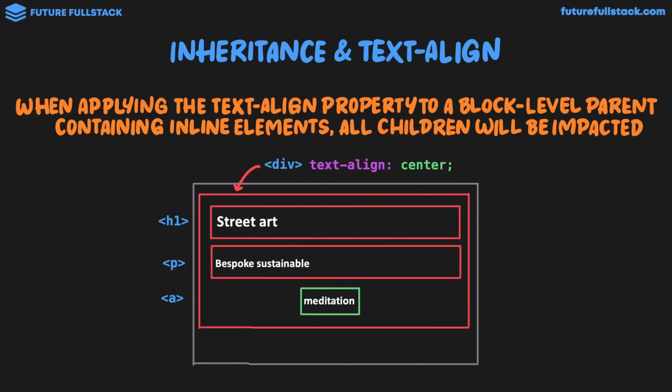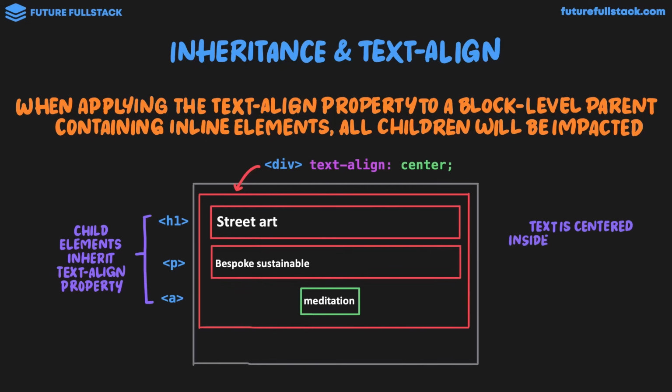The second thing happening is that child elements inherit the text-align property. And again, inheritance is when we're passing on the property from parent to child. It's like the H1 and paragraph now have text-align applied directly to them through inheritance. And this is just now the standard behavior we've seen before, where text is centered inside block elements as there's space to move.